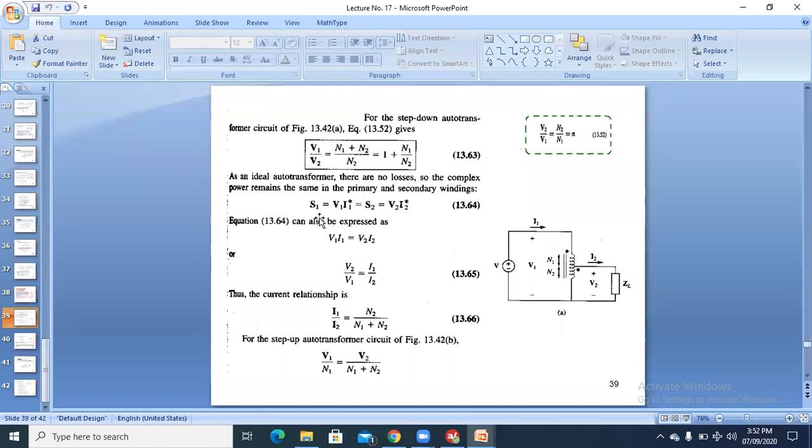If we consider the losses of the transformer, the complex power at the primary side is equal to the complex power at the secondary side, and that is V1 I1 conjugate equals V2 I2 conjugate.